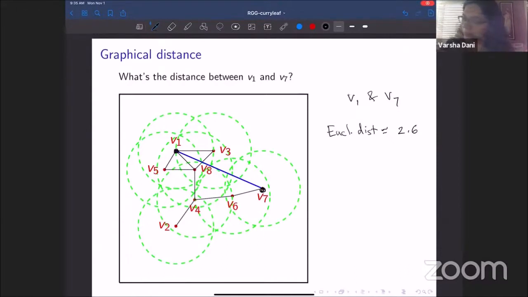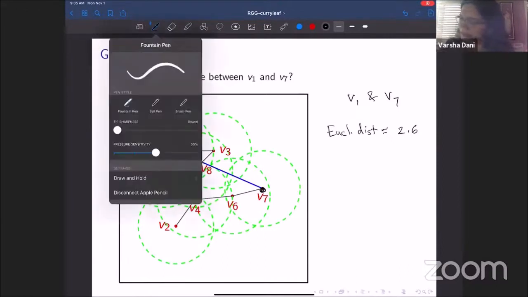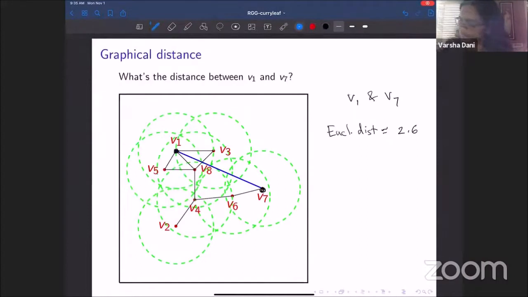Hopefully you agree. But another notion of distance is the so-called graphical distance. The graphical distance means that you can't just go directly there. You have to go along edges of the graph, and then you look at the shortest path.